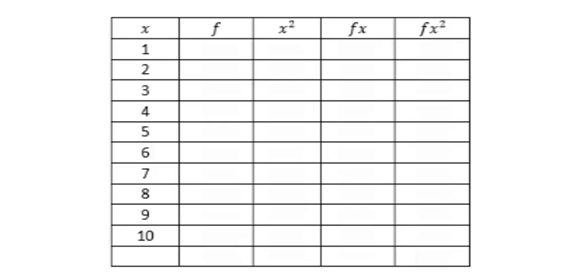First, we have the X column, the F column, the X squared column, the FX column, and the FX squared column. So for us to be able to calculate the standard deviation, our columns are going to be X, F, X squared, FX, and FX squared.